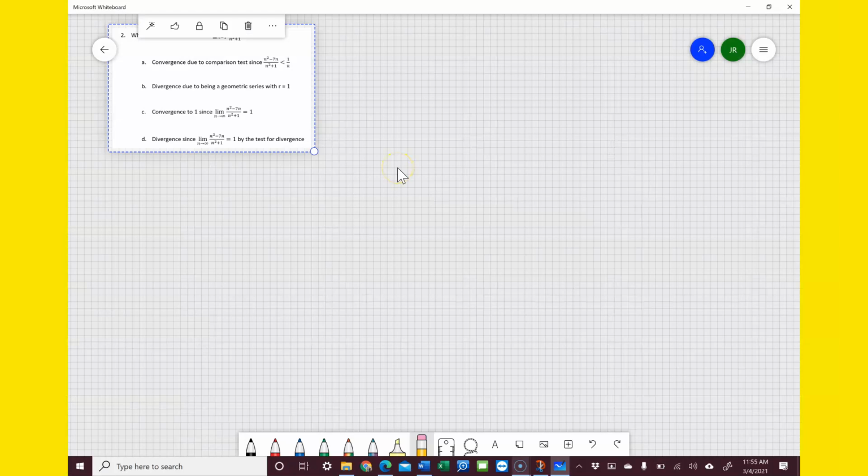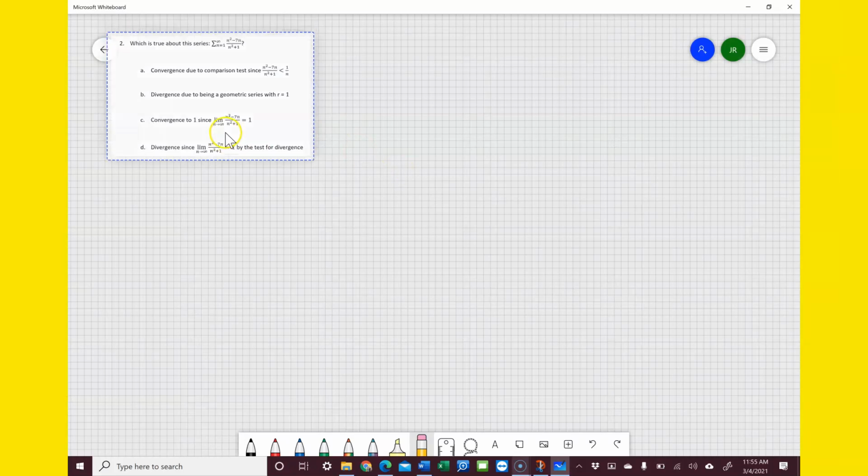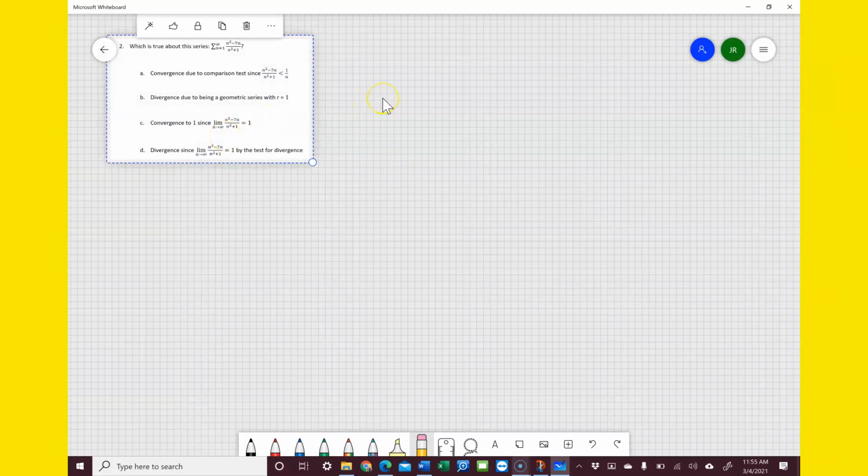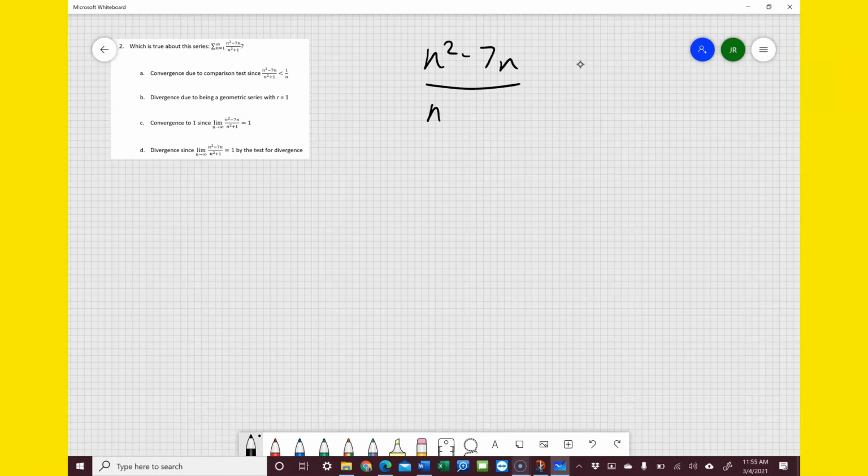Alright, problem 2. What is true about this series? As far as convergence and divergence is concerned, if I'm doing this series, I'm thinking to myself, these two terms won't matter a bit, and this becomes n squared over n squared, and even the n squared over n squared reduces to 1.